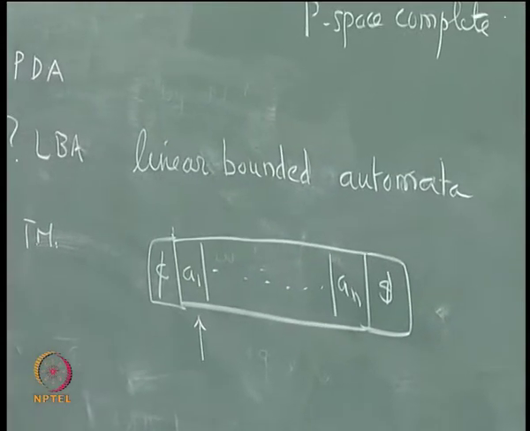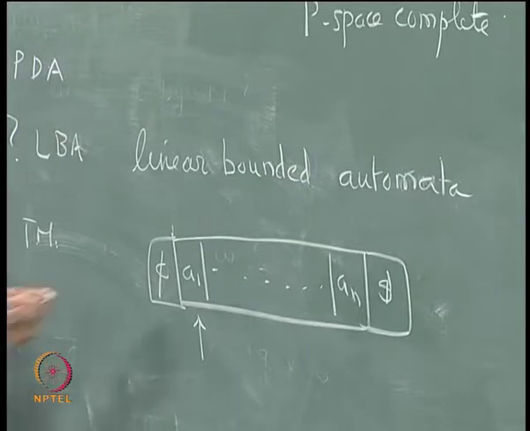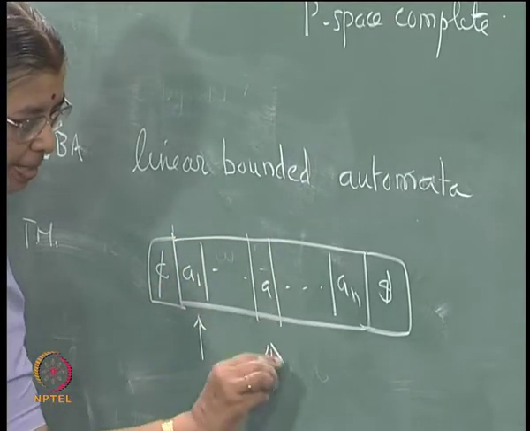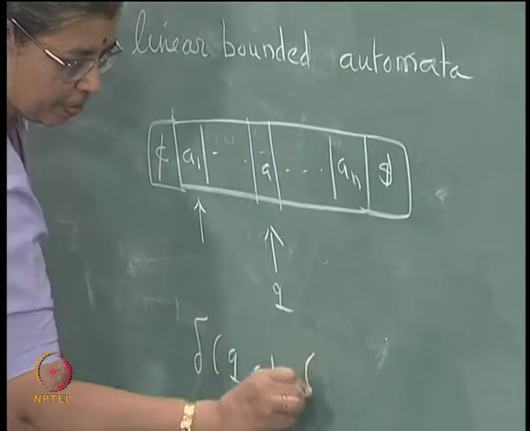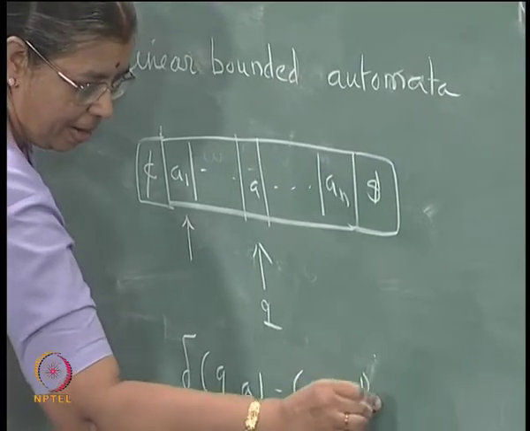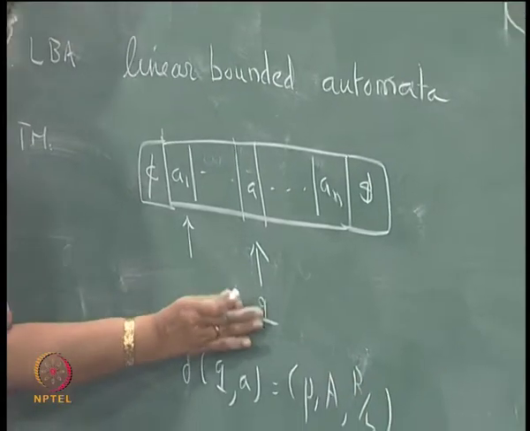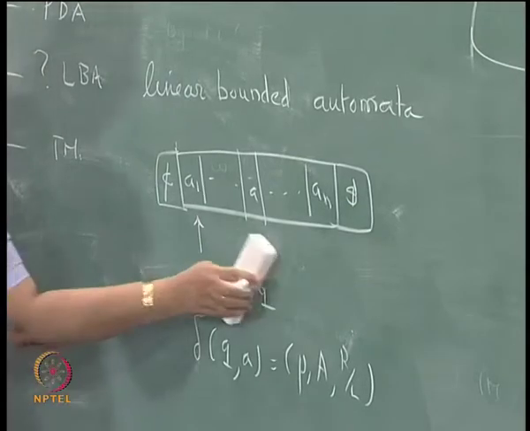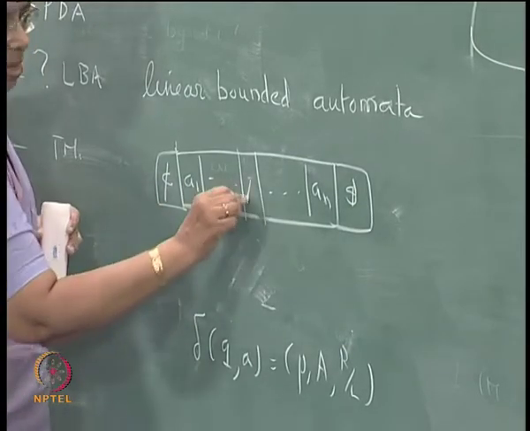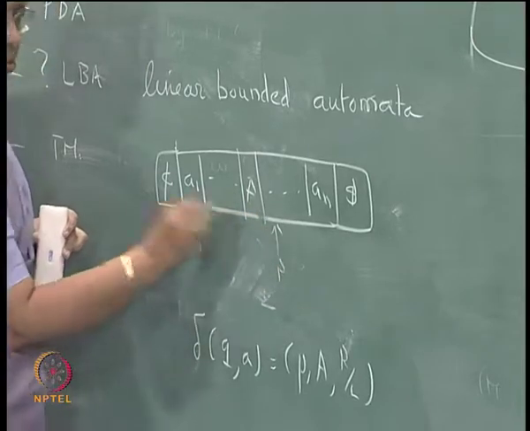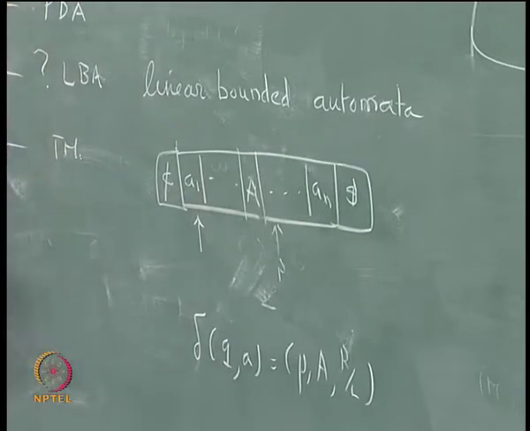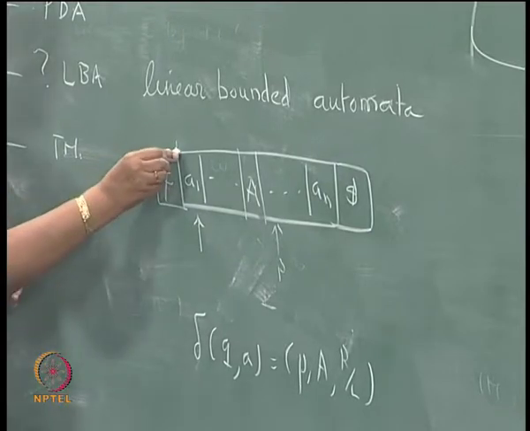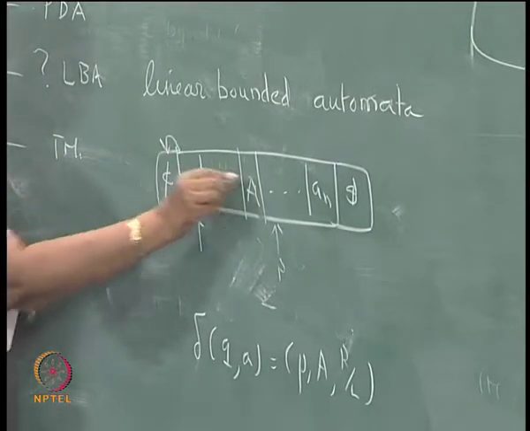The behavior is just like a Turing machine. Any time it can read a symbol in a state, the mapping will be just like this: delta of (q, a) is equal to (p, A, R) or (p, A, L). So it will change its state to p, print A, and move right or move left. The mapping is exactly similar to a Turing machine, but it has to move within this.